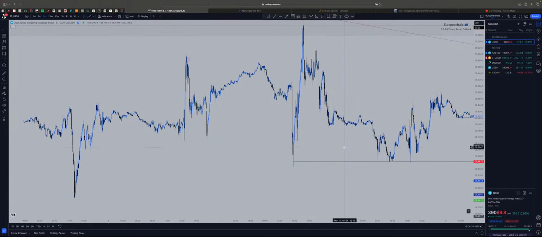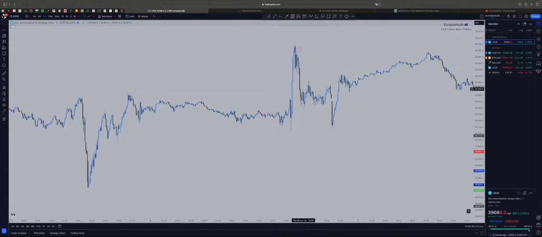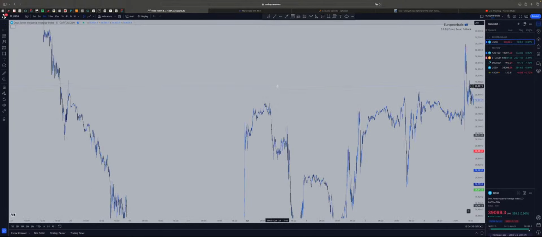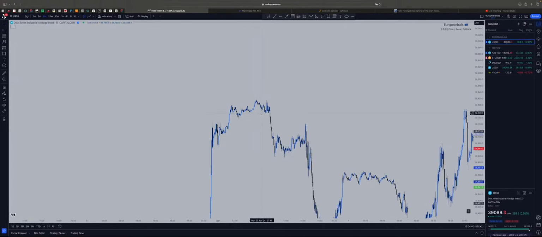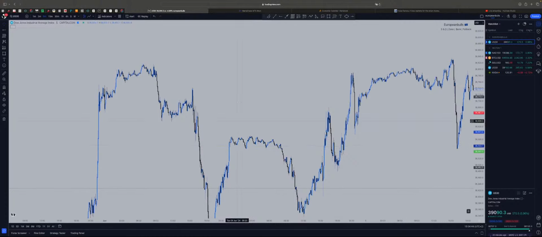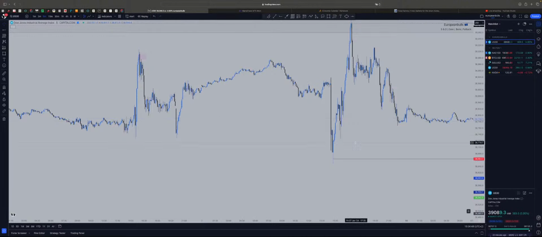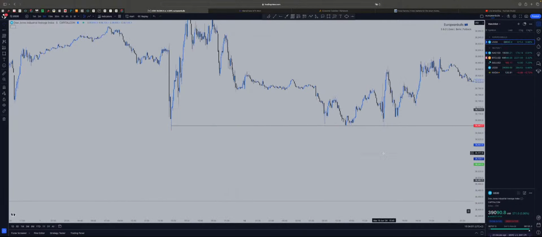When we see any weakness on the bullish momentum, we wait for the structure to break, and only then I will go for a sell. That's what happened yesterday as well.